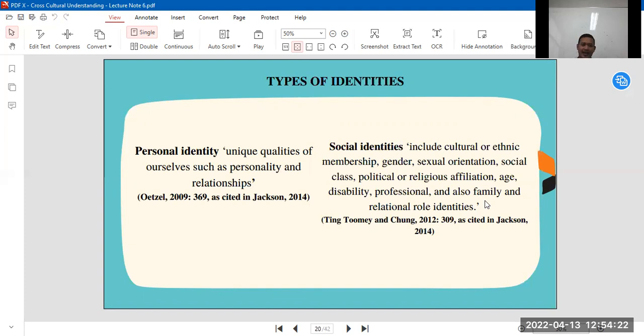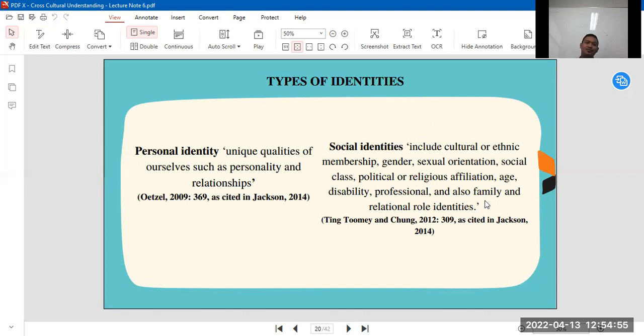Some aspects of our identity are linked to our personal interests and preferences, while others are influenced by our geographic locations and the messages we receive from those around us, let's say from our teachers, our parents, our religious leaders, and so on.